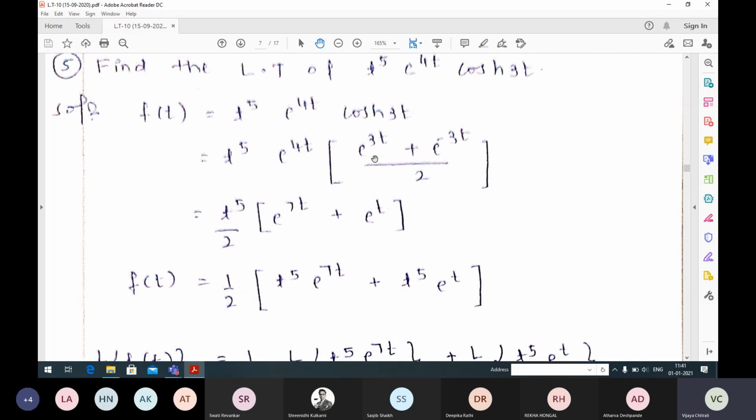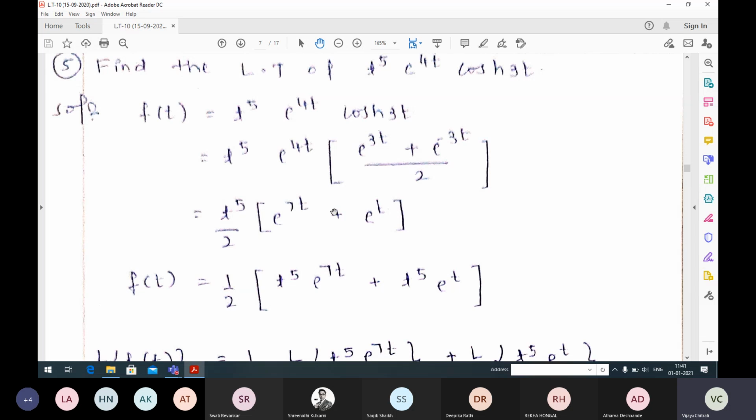Take this 2 outside as a denominator, so t raised to 5 divided by 2, and multiply e raised to 4t to these two terms. e raised to 4t into e raised to 3t: by the theory of indices, the base is the same, 4t plus 3t is 7t, so e raised to 7t.